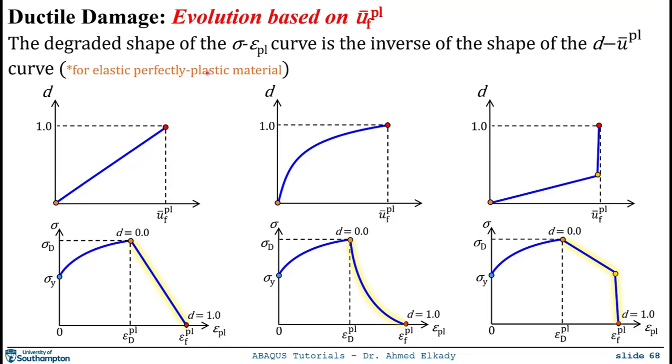If you don't have a perfectly plastic material, if you have a hardening material with some nonlinearity in it, then the degraded shape will still be the inverse of the softening, but it might have some additional nonlinearity. Now you can choose based on what kind of damage you want to see after the damage initiation, what kind of shape of drop in force, then you can define your softening curve shape accordingly.